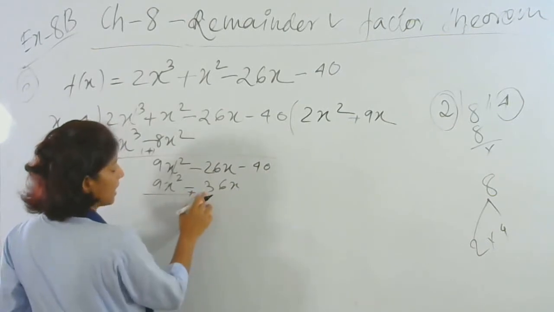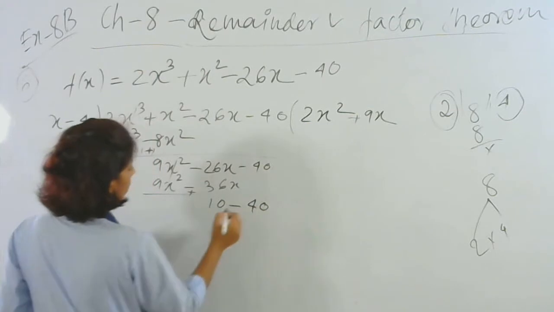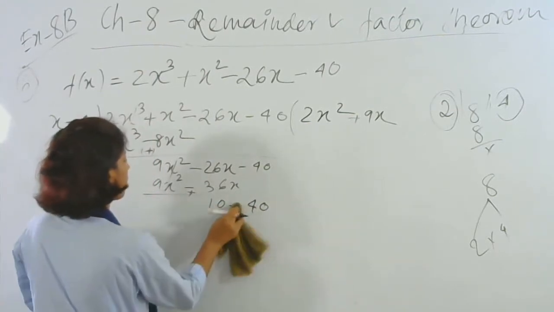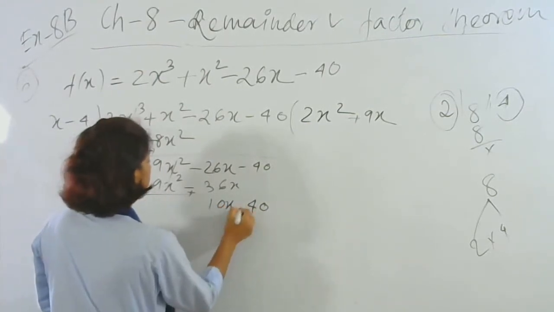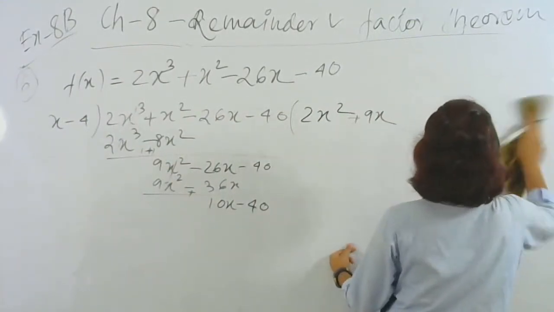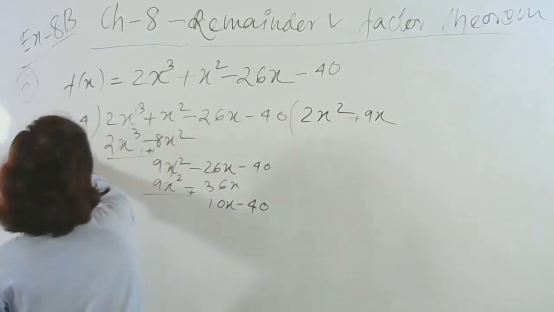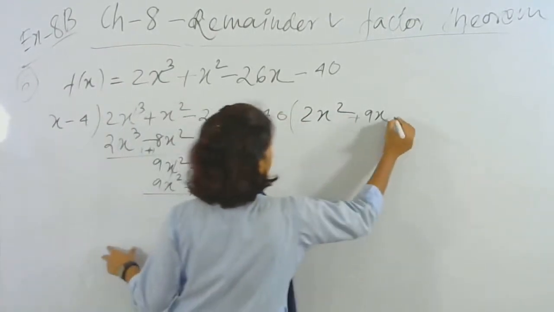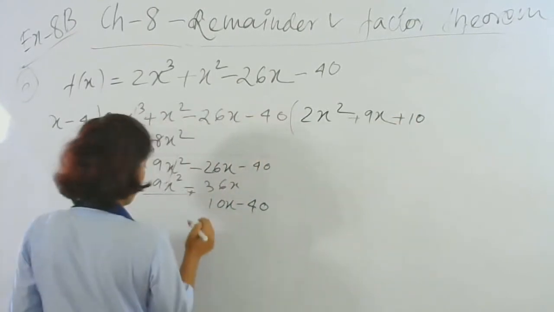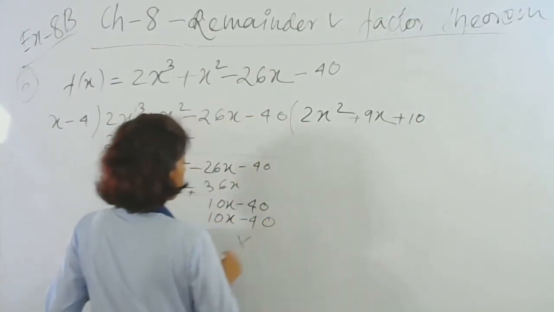So plus 36 minus 26, the answer will be 10x, minus 40. So next, what number will I multiply with this? 10 into x will be 10x, so I'll be multiplying 10. So here the division is complete.